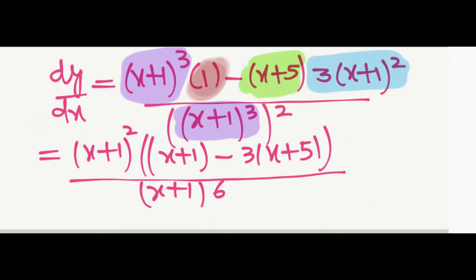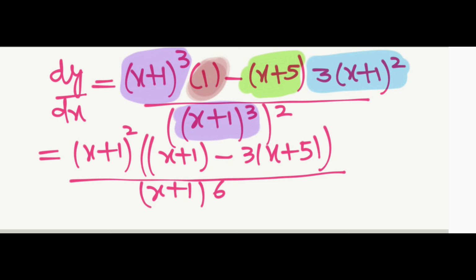This is dy by dx equals v. v was x plus 1 whole cube into derivative of u, that was 1, minus u was x plus 5 into derivative of v, that was 3 into x plus 1 whole square, upon x plus 1 whole cube raised to power 2.